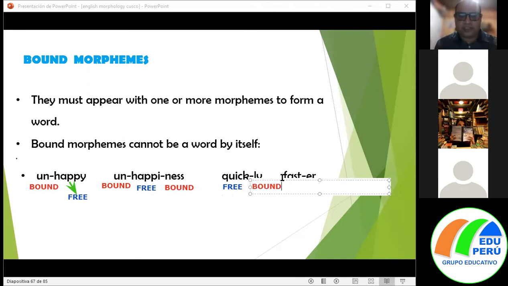We're making adverbs with the bound morpheme ly. Quickly: free, bound. Faster is the same. Fast is the free morpheme, and er is the bound morpheme. And notice here, bound morpheme.